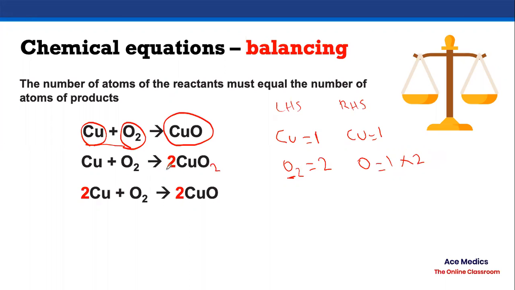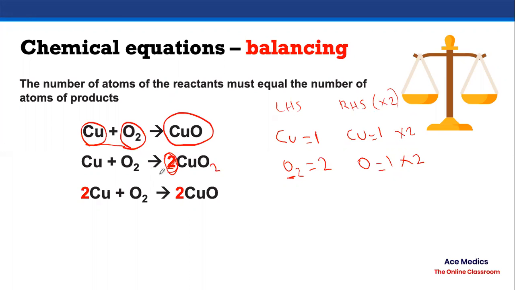You can only put big numbers at the beginning of the compound. So if we want 2 atoms of oxygen, we have to put a 2 up the front.